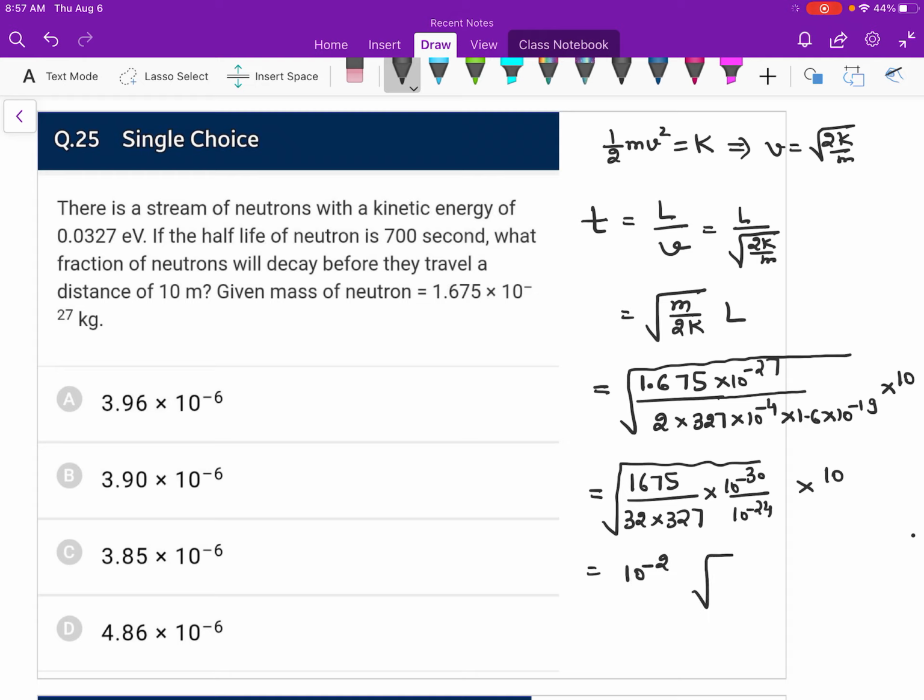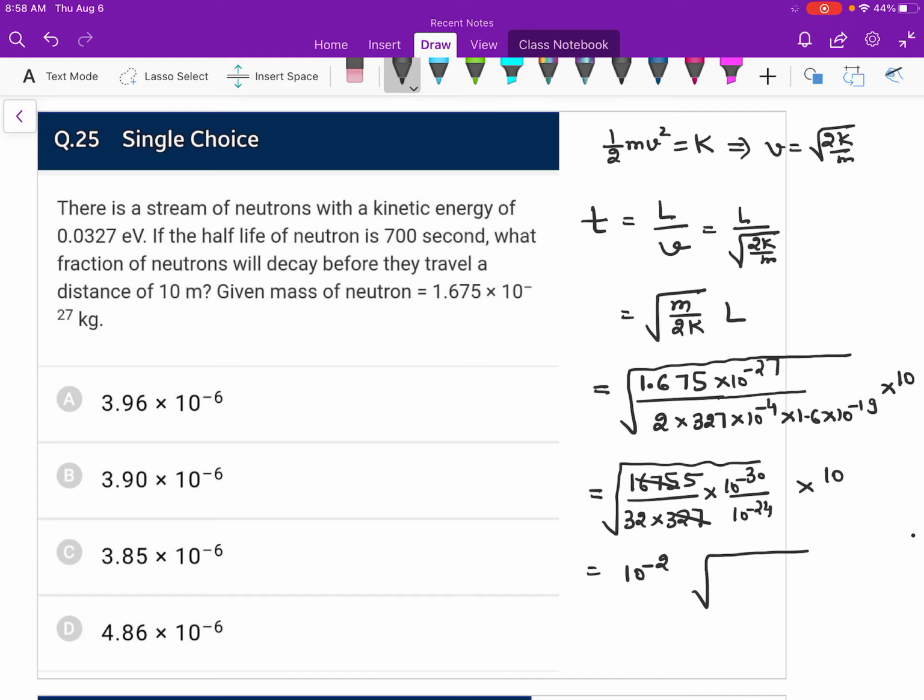Now 1675 upon 32 into 327. Let us do this calculation roughly. If we multiply 327 roughly by 32, 325 into 32 is about 10400, so this is roughly 5.